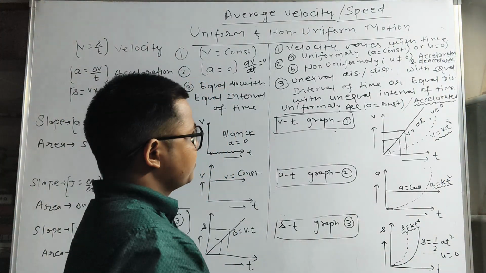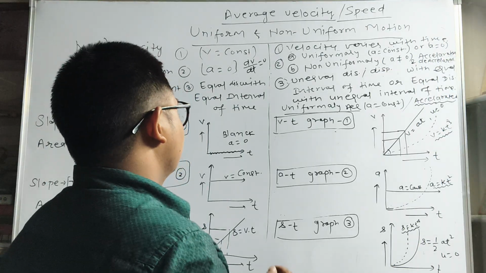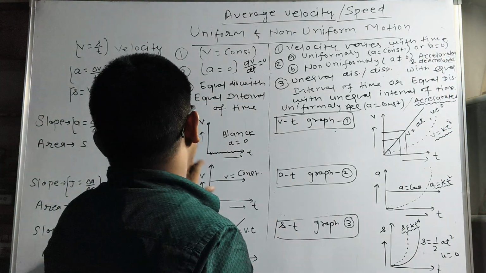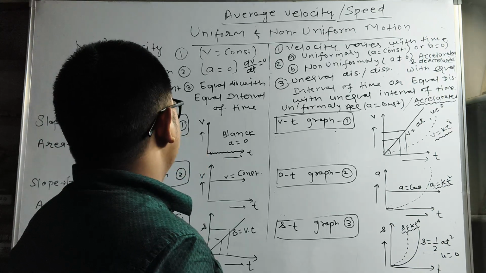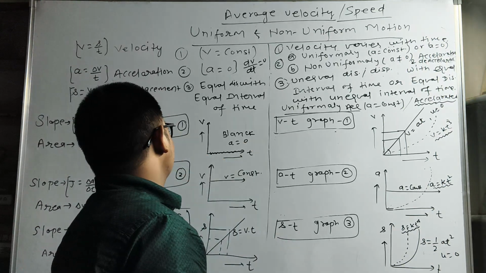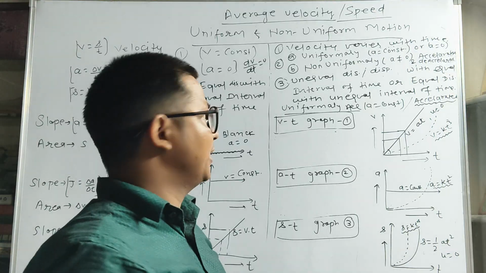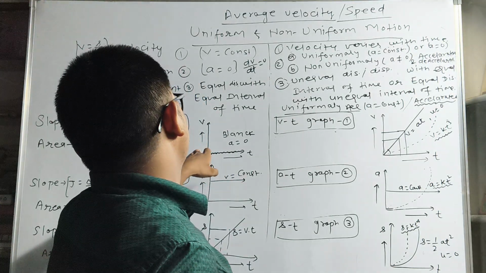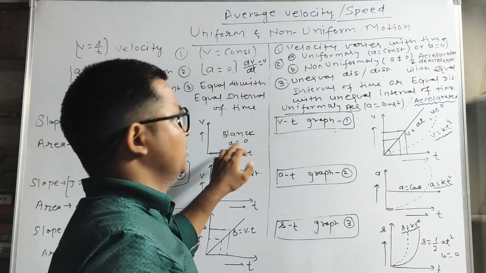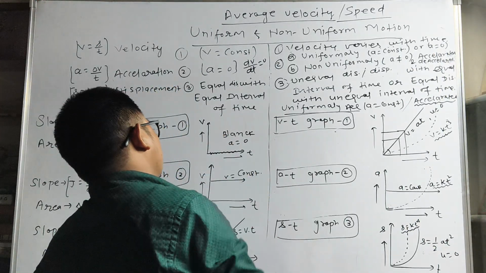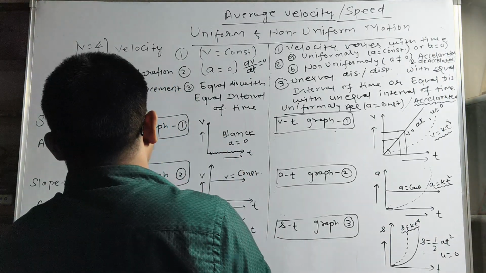We can also explain this with the help of graphs. In uniform motion, in the VT graph the acceleration is zero. That means the VT graph represents a horizontal line, because acceleration is zero, so the term of acceleration is not present here.